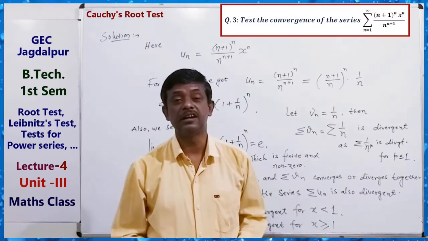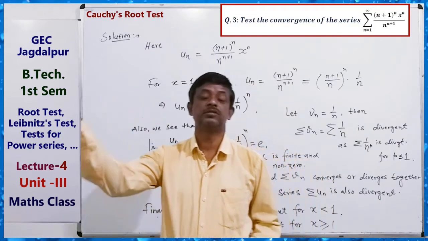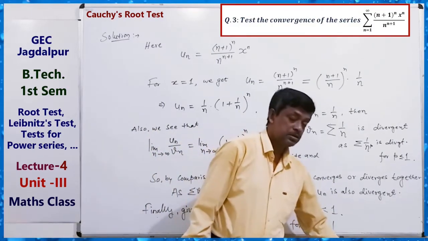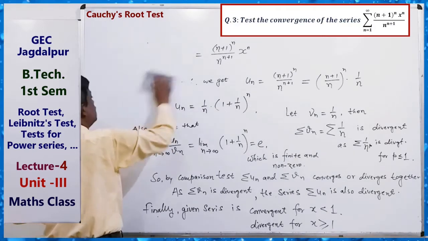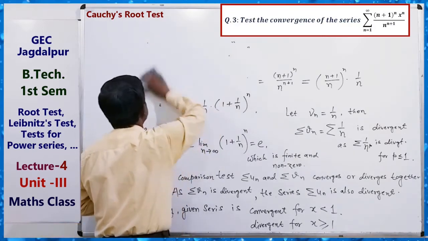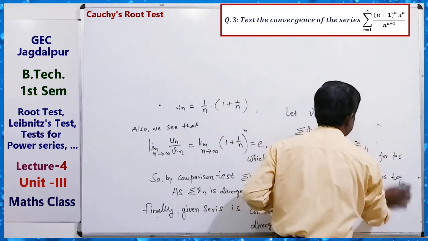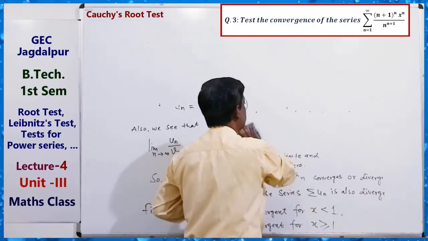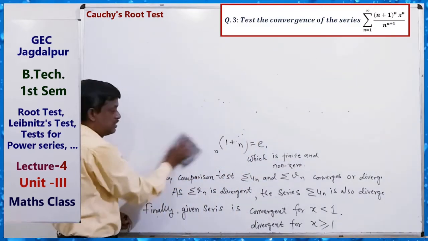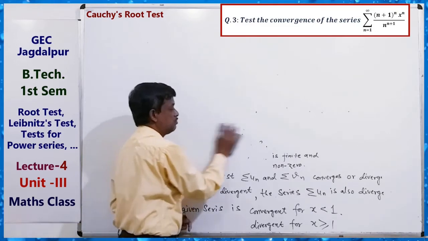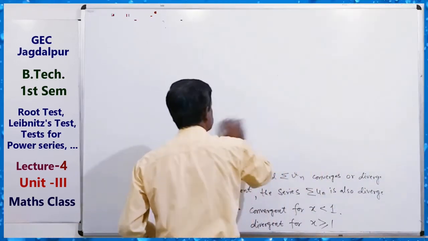Here: alternating series, conditionally convergent series, absolutely convergent series. First we have to know what an alternating series is. Alternate means one after another we get a negative sign, that is plus sign then minus sign, plus, minus, and so on, or minus, plus and so on.